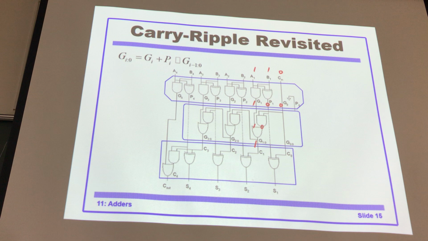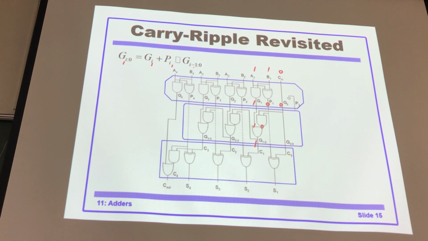Let G[i:0]. Now i is 1. For the moment, i is 1, so i minus 1 will be 0, and this is the carry in. And this is the carry out in position 1. How do you know this carry out? Either you have carry generate 1, 1 here; in this case, yes, carry generate, you get 1.